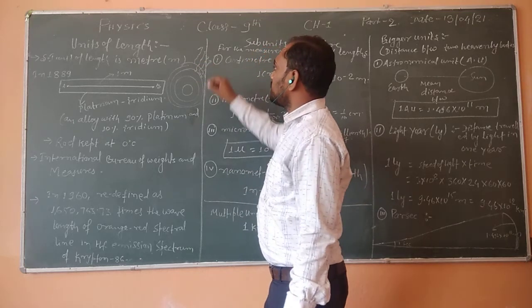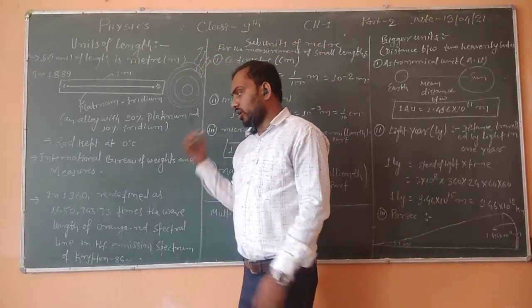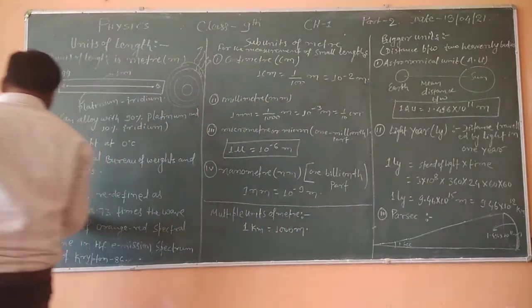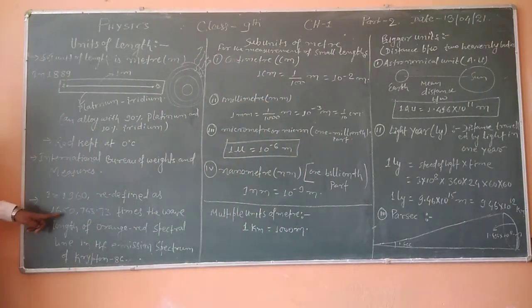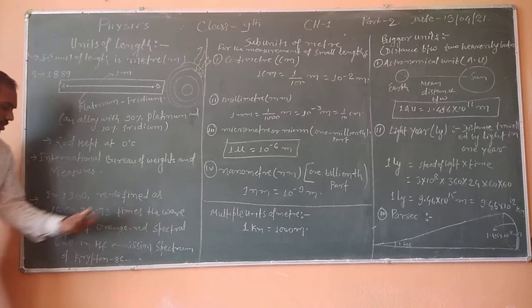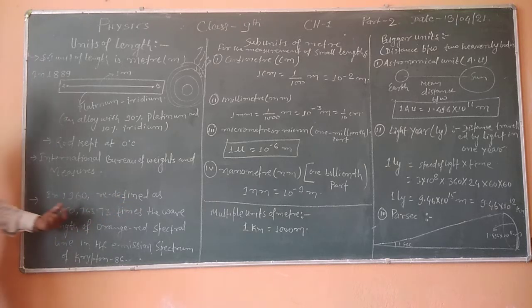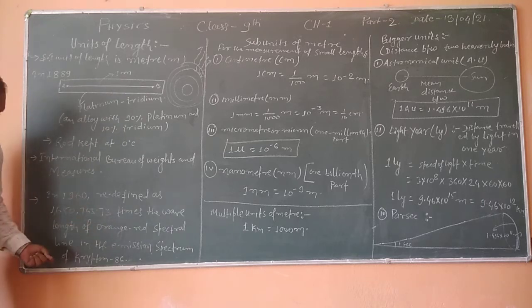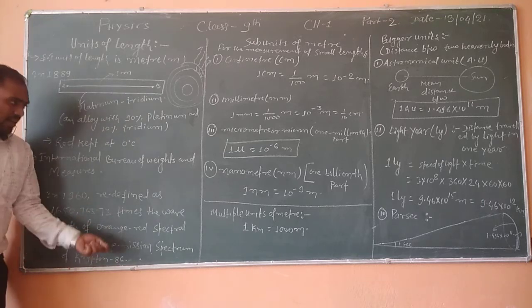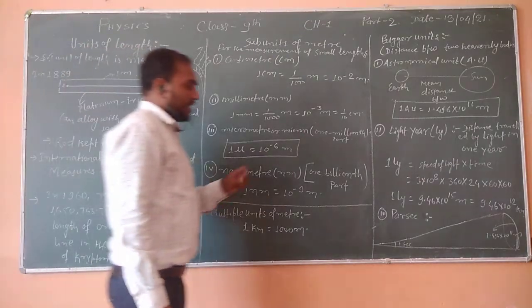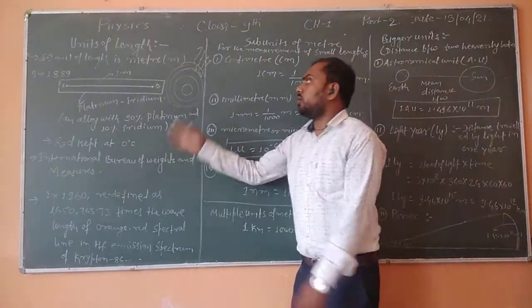In this process, they emit a spectrum. That length, 1650763.73 times the wavelength of the orange red spectrum lying in the emission spectrum of krypton 86, gives an idea of what 1 meter is.